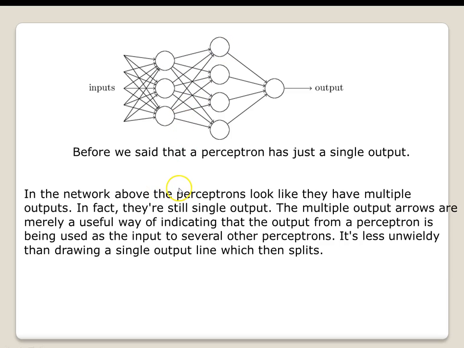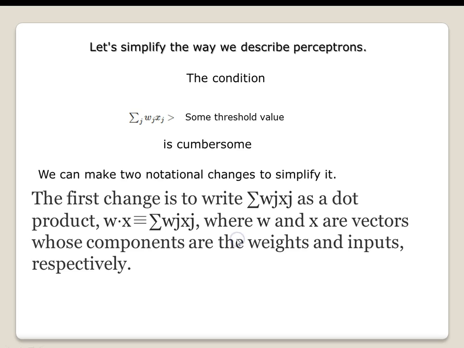In the network above, the perceptrons look like they have multiple outputs. In fact, they're still single output. The multiple output arrows are merely a useful way of indicating that the output from a perceptron is being used as input to several other perceptrons. Okay? So it's just a small point, but could be confusing. Any questions so far?